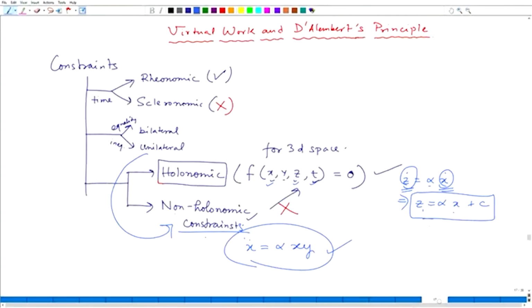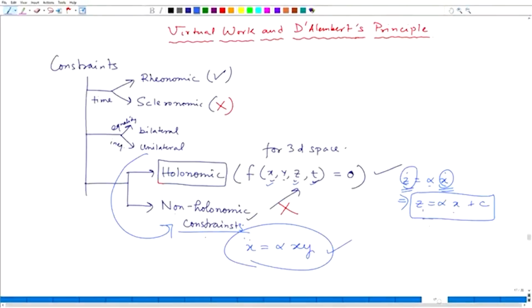Okay. Now, finally, I want to make one point that, for example, let us say I have a holonomic constraint which has a form like this. Let us say z is equal to some a cos omega t, where a and omega are constants.